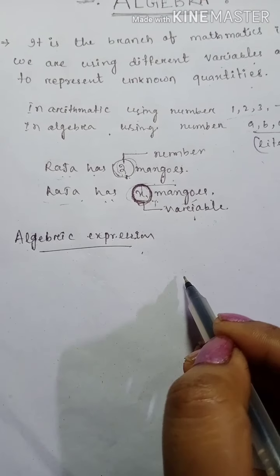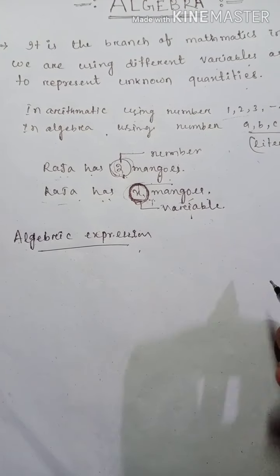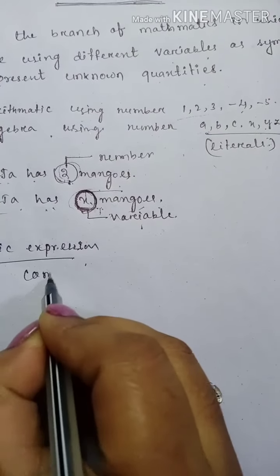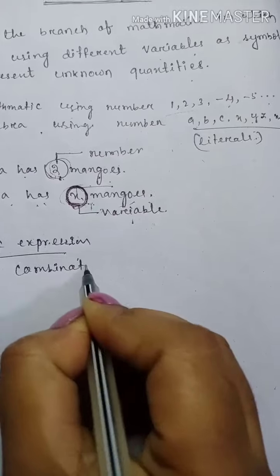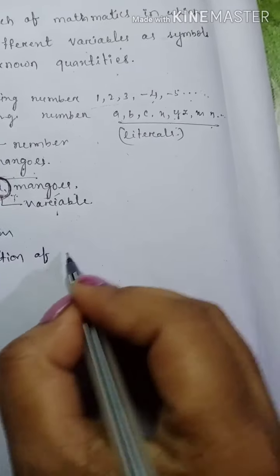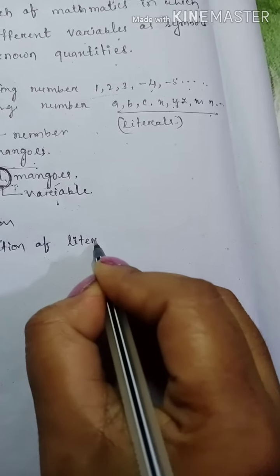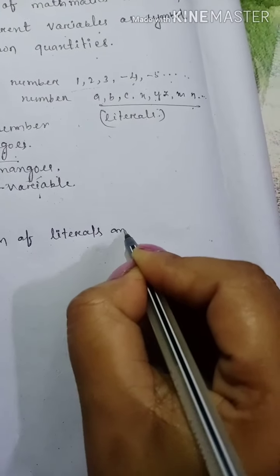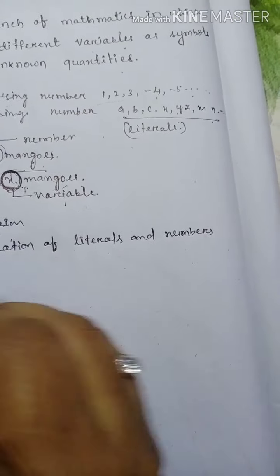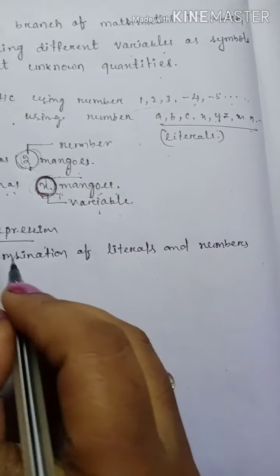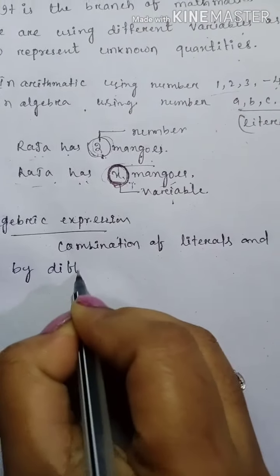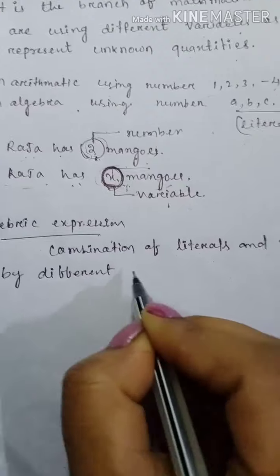A combination of literals and numbers by different operations is known as an algebraic expression.